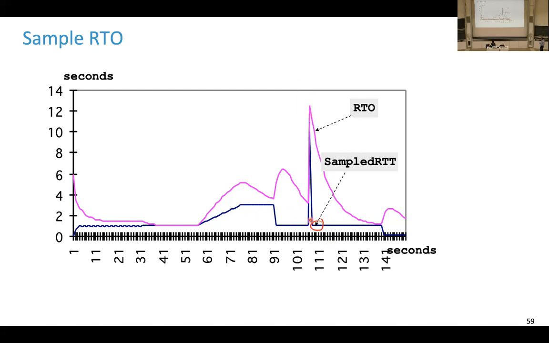And here you see that the sample RTT is constant from 110 to 141, and the retransmit timeout takes a long time before converging to the same value as the sample RTT. So two things to observe on this graph. The first thing is that this is a sample RTT.